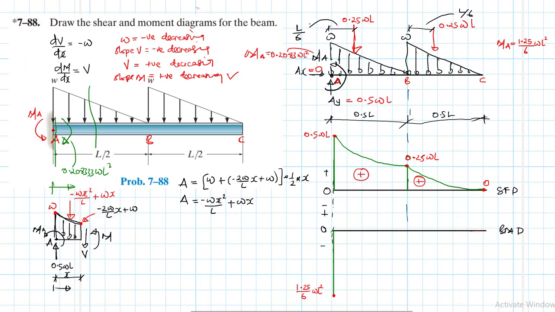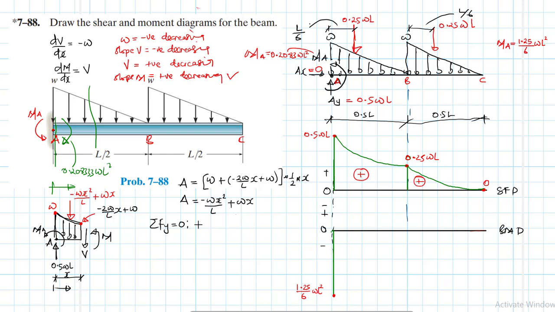With this equivalent force that we found here, we will need to apply the equations of equilibrium in the y direction. So summation of forces in the y equal to 0.